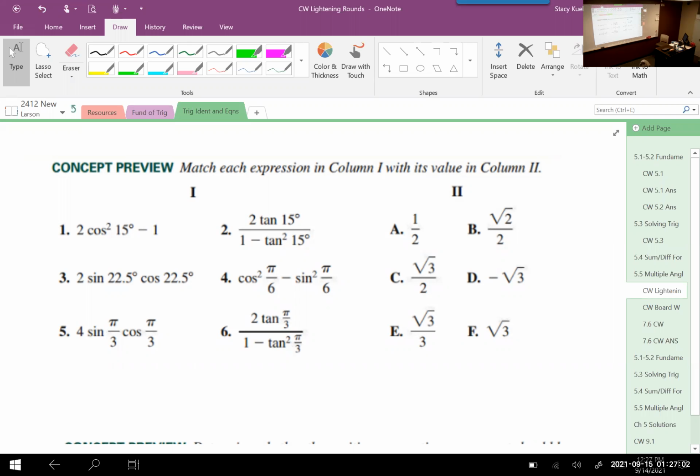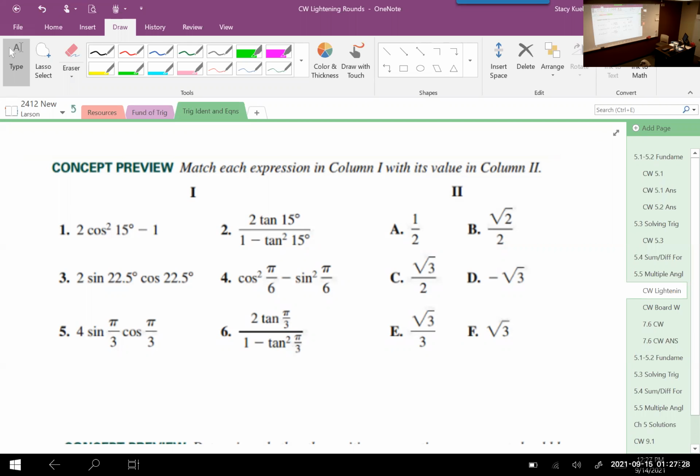So how do we multiply these two? No, we're not trying to do that. 2 sine an angle and cosine. Does that fit into our pattern that we have already? The double angle, isn't it? So what this says is I'm going to take 2 sine some angle, cosine some angle.